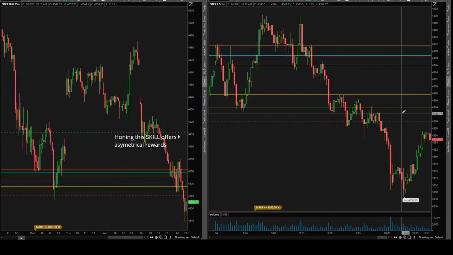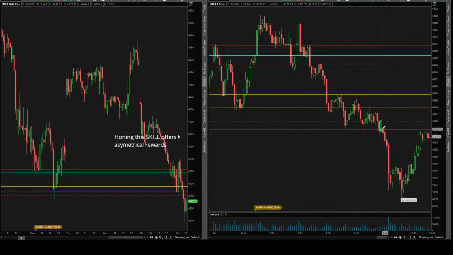Got another 20 seconds until the 5-minute candle closes. We're right back up pretty much to the scene of that crime. Like where that one just got the rug pulled out from under it. So NASDAQ coming in a little bit here as well. All right, new 5-minute candle.